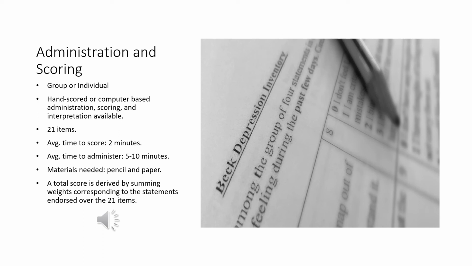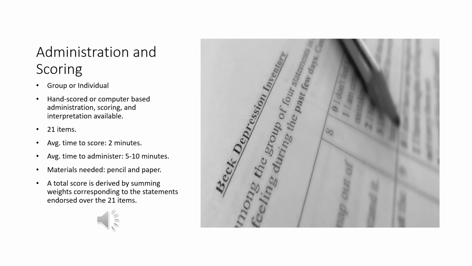Format of administration: like previous versions, the BDI-2 contains 21 items, each of which assesses a different symptom or attitude by asking the examinee to consider a group of graded statements that are weighted from 0 to 3 based on intuitively derived levels of severity.